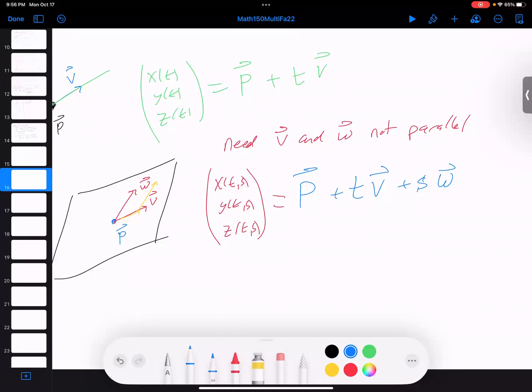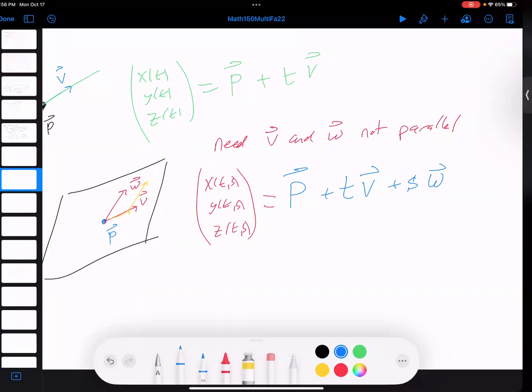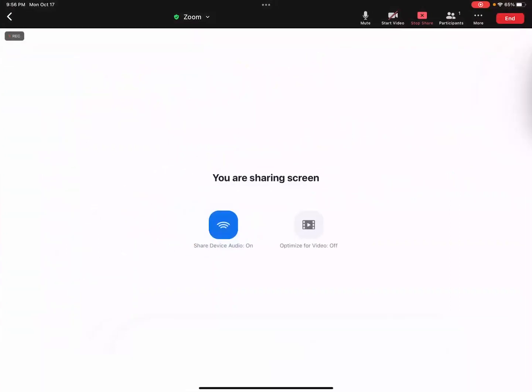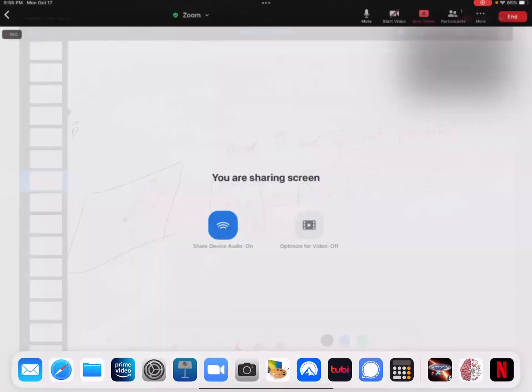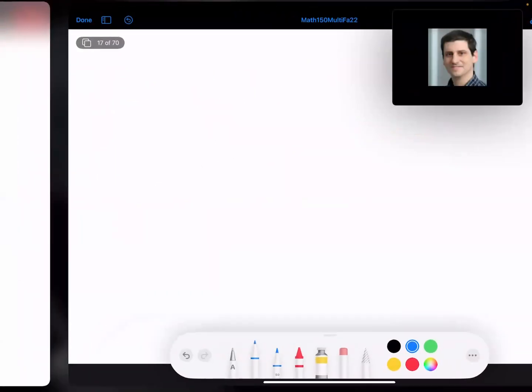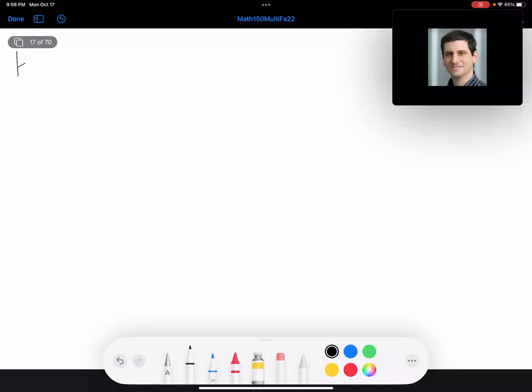If I had a hyperplane, would it be the same format? Exactly, you'd just add another variable. Let's say we had x1 all the way up to xn.